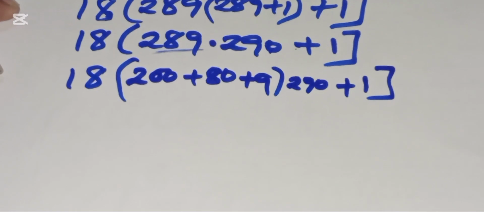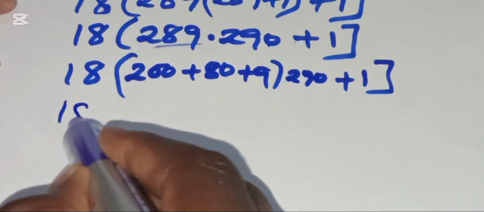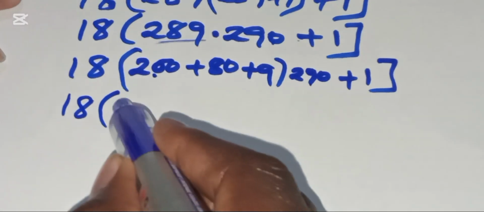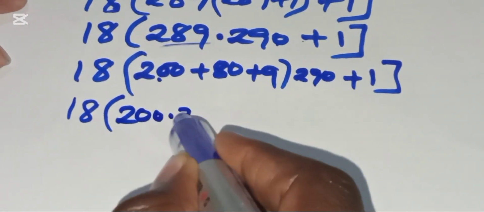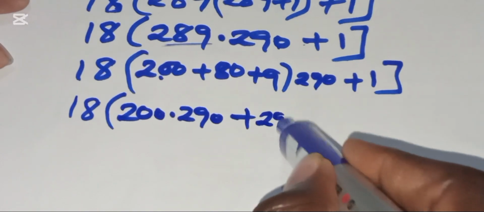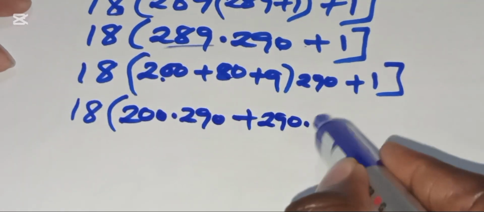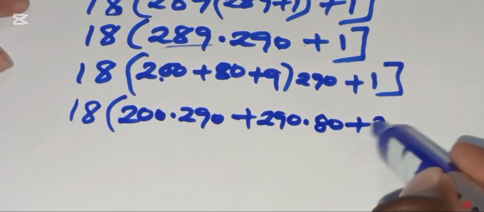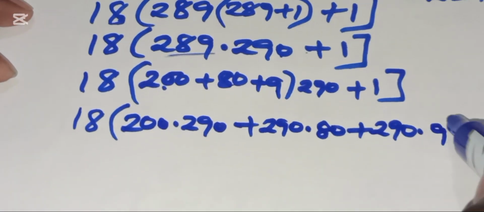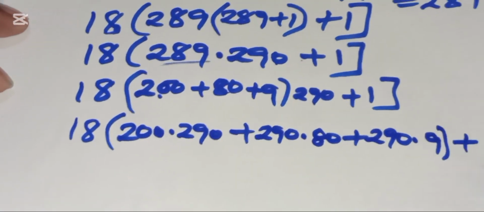Now, from what we have, this is the same thing as 18 into the bracket. This is 200 times 290. We have 200 times 290 plus 290 multiplied by 80 plus 290 multiplied by 9, okay, then plus 1.